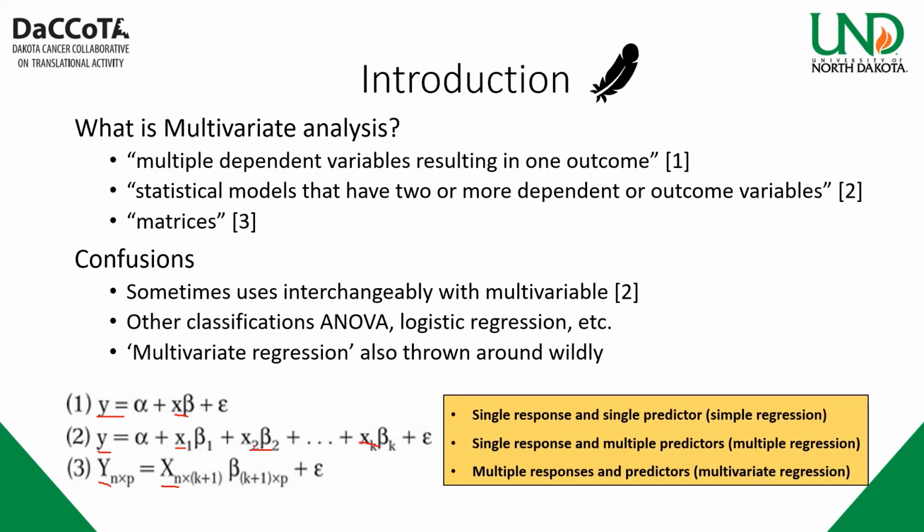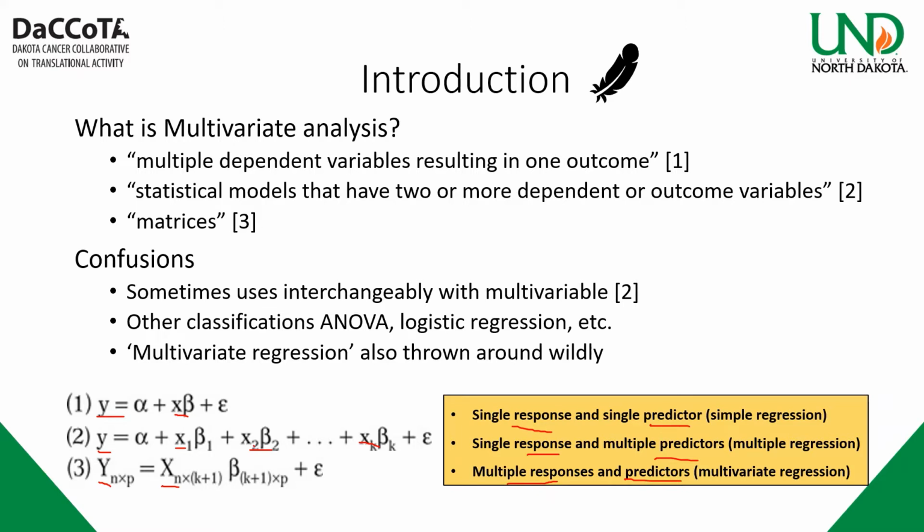So again, reprising, we're going to take this schema: simple regression is single response, single predictor. Multiple regression is single response and multiple predictors, and multivariate regression is multiple responses and multiple predictors. And that's what we specifically mean by multivariate regression.